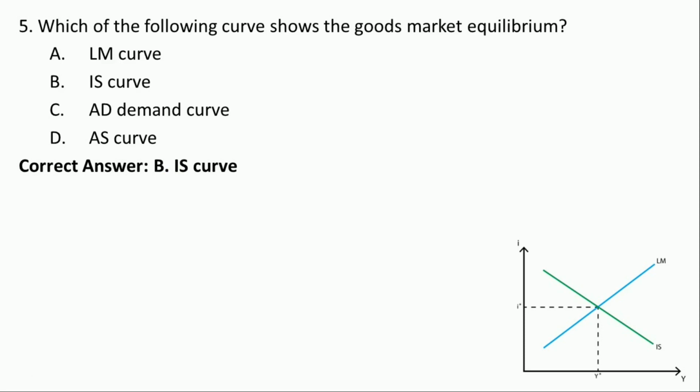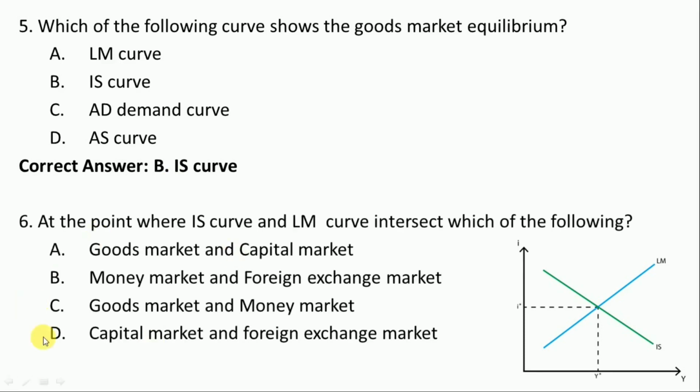Okay, then the sixth question is about at the point where the IS curve and LM curve intersect, which of the following is in equilibrium, and the correct answer is goods market and money market. C is the correct answer.